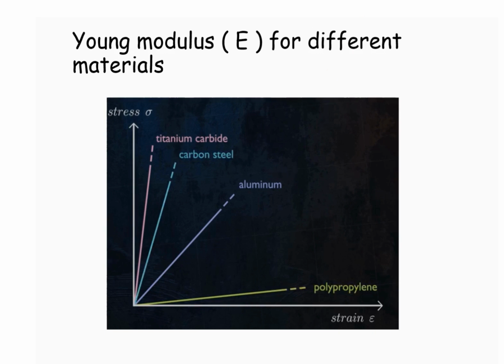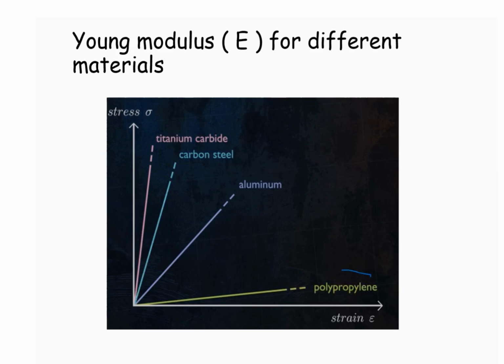So if we look at the figure here, why is Young modulus different for different types of material? We need to understand what happens at the molecular level. On the atomic level, a material's Young modulus is closely related to the strength of the bond between its atoms.